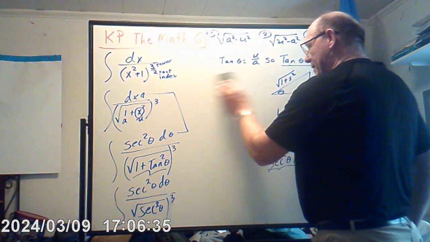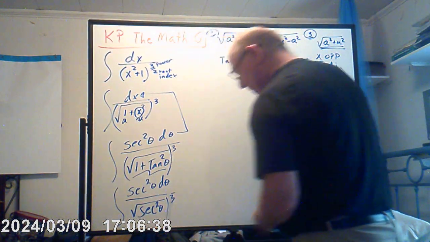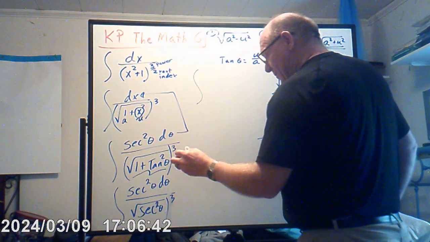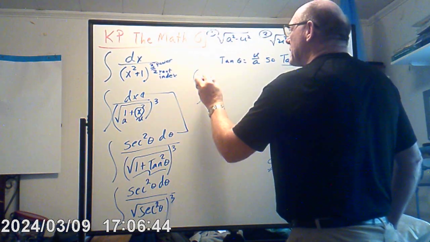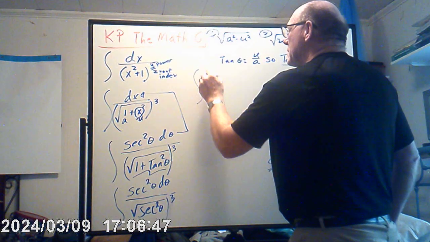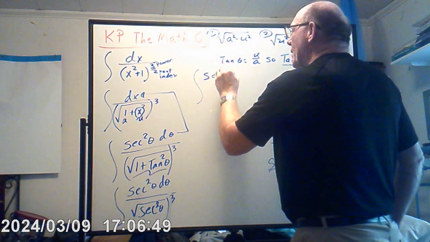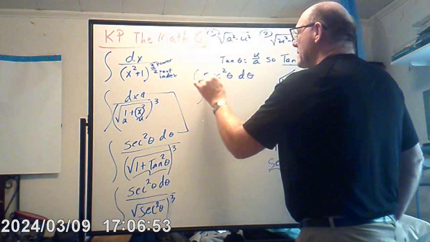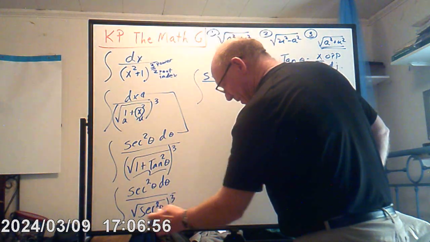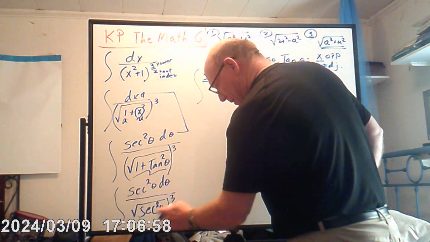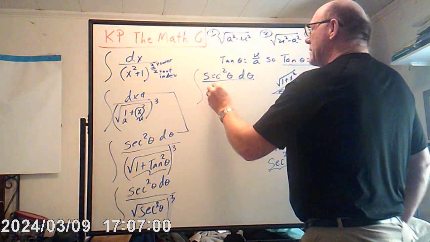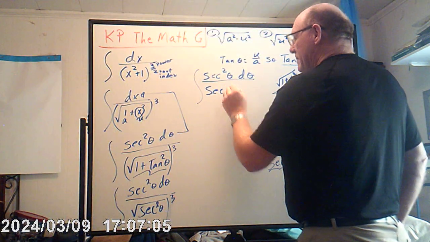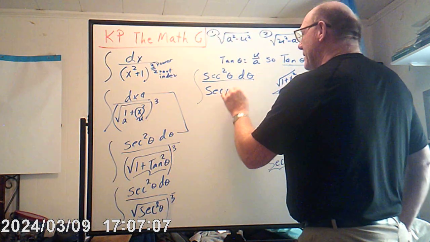Okay, so let's see. We have the square root of secant squared theta d theta over, now the square root of secant squared is just secant, so secant theta, and that's raised to the third, isn't it?